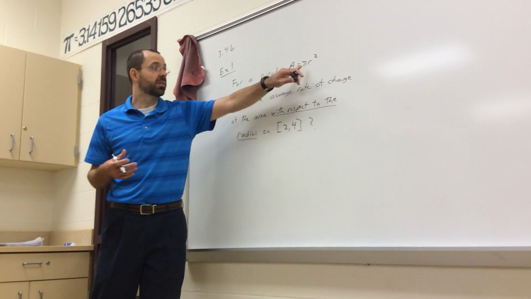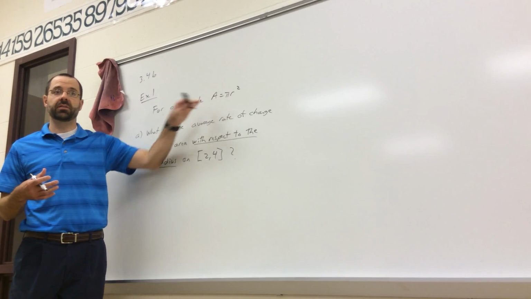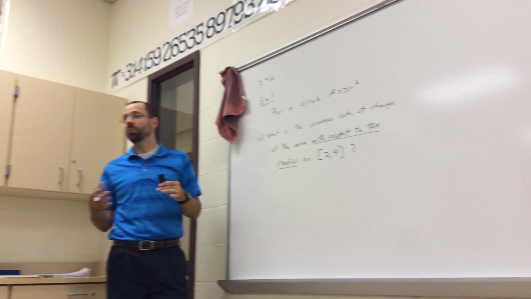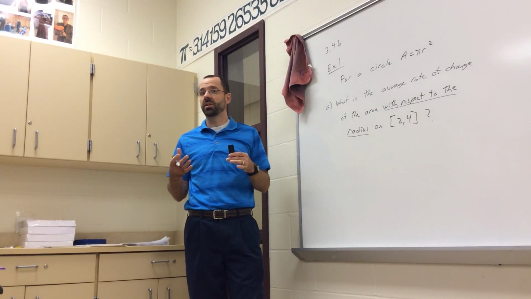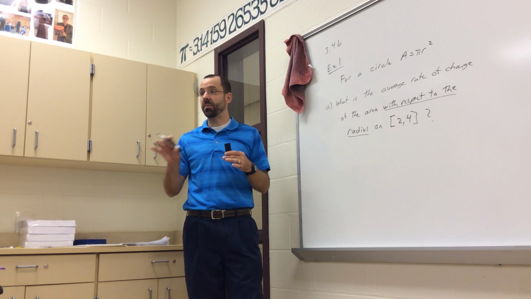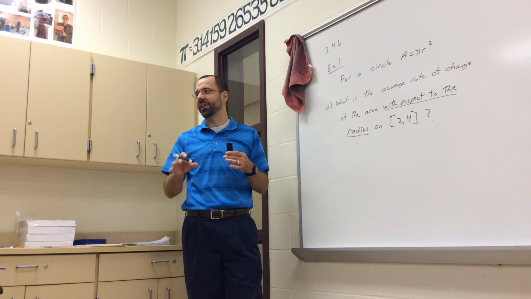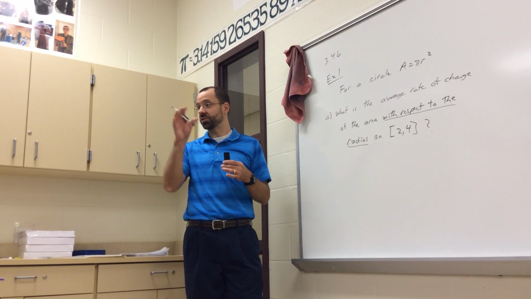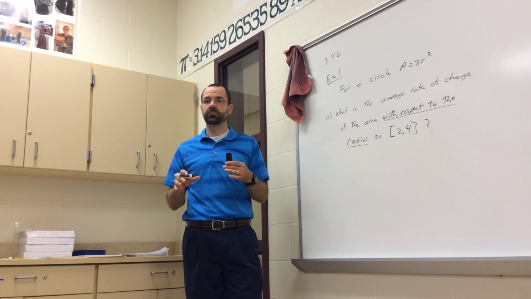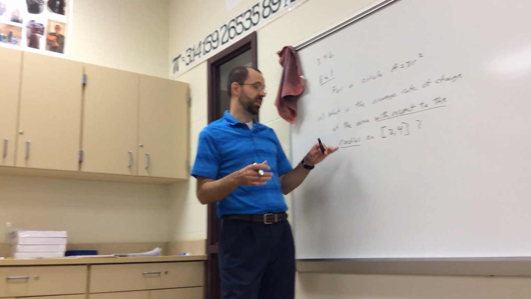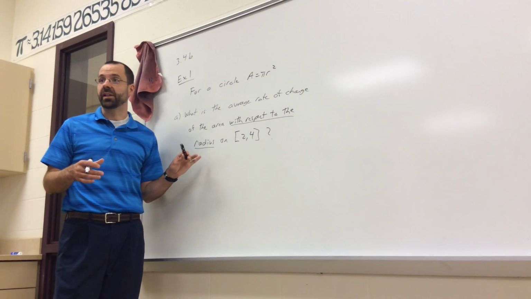There's just the radius and the area. And so because of that, when we find the average rate of change, it's going to be radius on the bottom. And so the rate is going to be something per inch rather than something per second. And the way we say that that's going to happen is it's with respect to the radius.